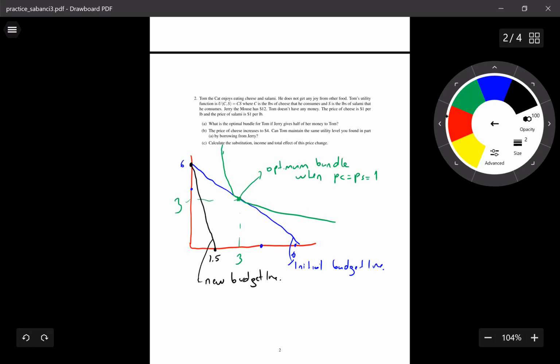Still I have $6. I need to find the optimum bundle with this new budget. How do I do that? First find the new optimum bundle.